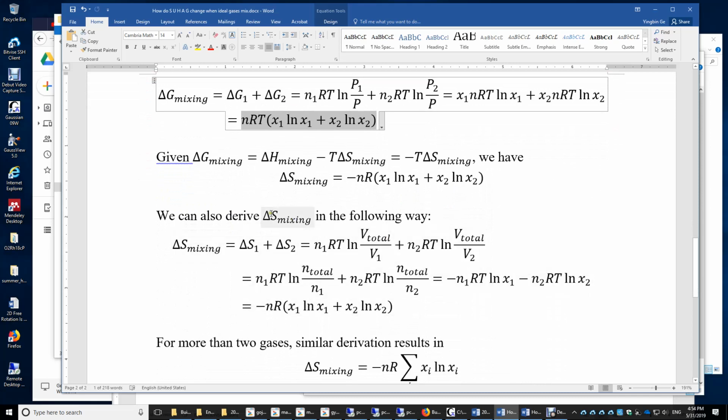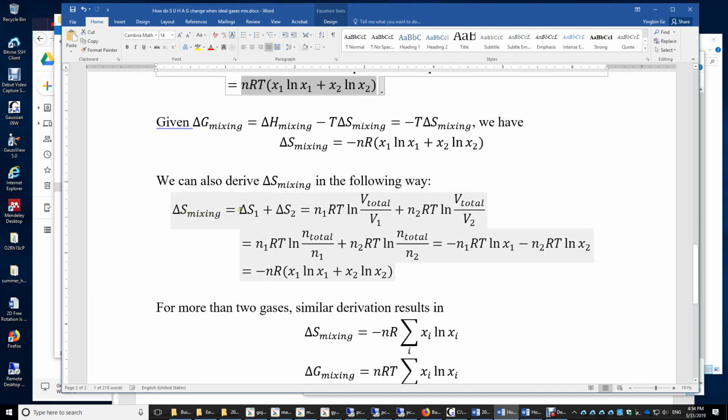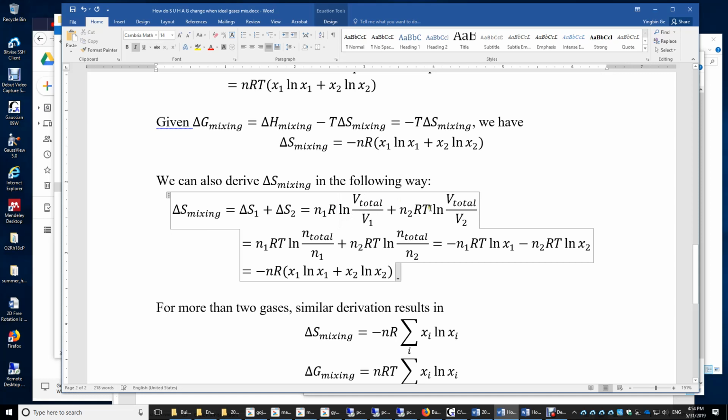We can derive the entropy of mixing in a different way. The entropy of mixing is equal to the entropy change of gas 1 plus the entropy change of gas 2, and we can use the entropy equation at constant temperature. Entropy change is nR times the logarithm of V final over V initial. I'm sorry about the mistake here.